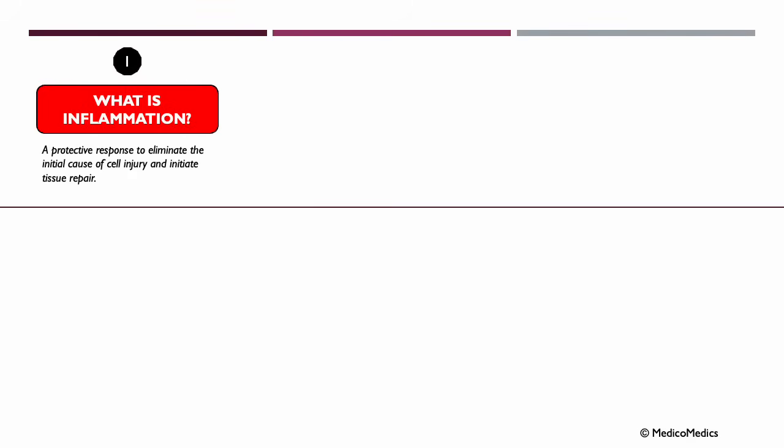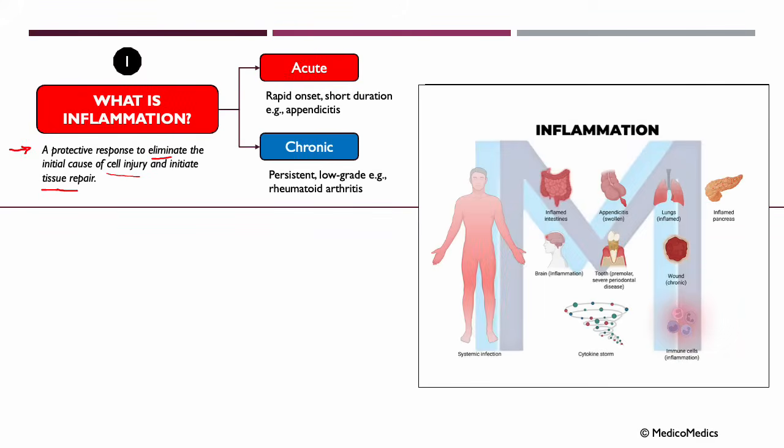Now, inflammation is the body's frontline defense against harmful stimuli like infection or tissue injury. So it's a protective response to eliminate the initial cause of cell injury and initiate tissue repair. Now, we have acute inflammation and chronic inflammation.